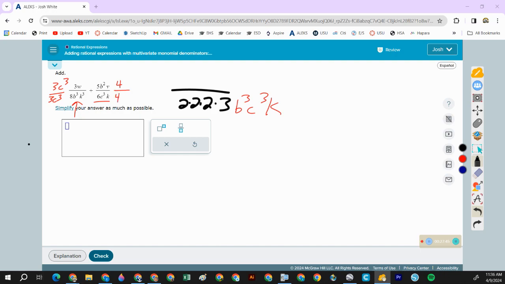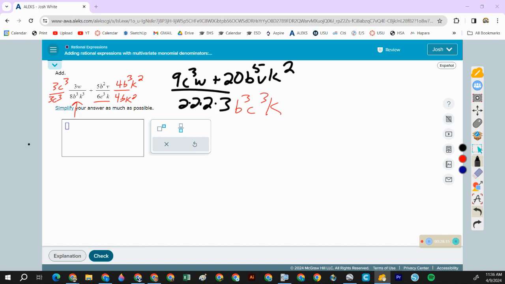It has all the C's, but it needs a B to the third, and it also needs a K squared. So on the left side, 3 times 3 is 9 C to the third W plus the right side, I get 20 B to the fifth V K squared.